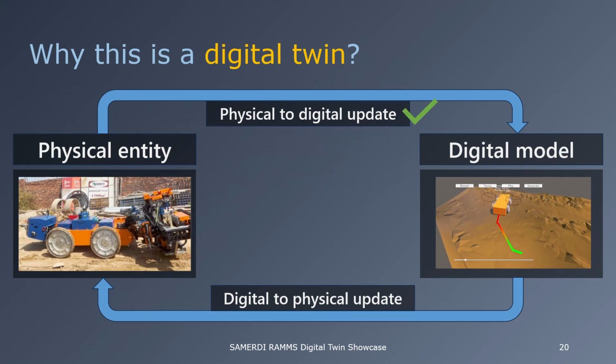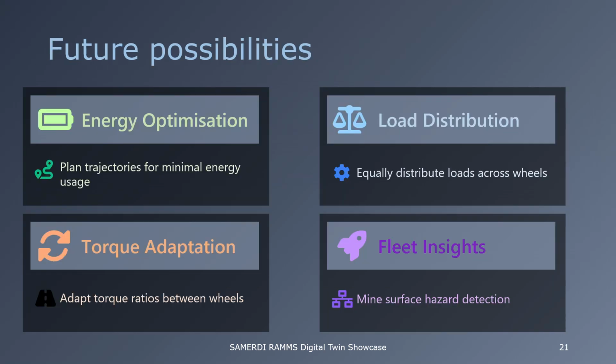So now we still have our physical to digital updating process, but crucially, our digital model is informing our physical entity through human action. And note that nothing stops us from taking this intelligence, these red envelope warnings, and just converting them straight into control system signals, telling the control system to slow down.